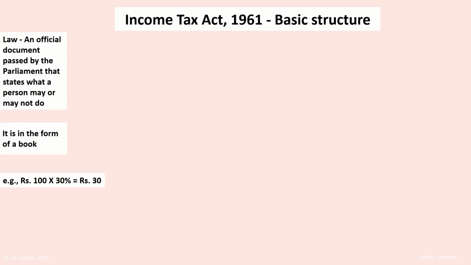Therefore, the income on which tax is to be paid multiplied by the rate of tax is equal to the amount of tax. We will be learning more about the incomes on which tax is to be paid and on which tax is not to be paid, and the various rates of income tax in India in subsequent videos. This is a simple way of representing and understanding how income tax is computed.